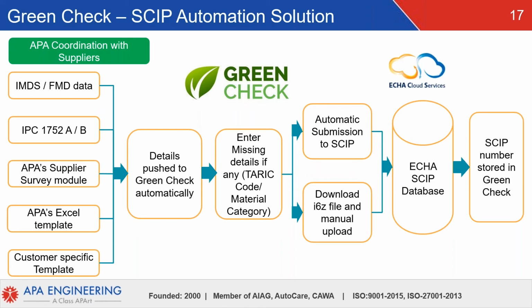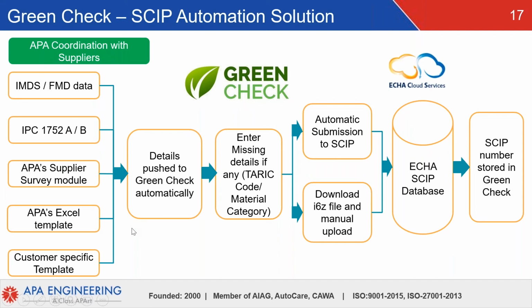API software can be utilized to build the entire tree structure or dossier. API also has people who can work with your supply chain to get the correct details, or they can scrub customer supplier websites like Kemet, Spear, Philips or ST Microelectronics, get the respective details, and put them into Green Check as a child component.